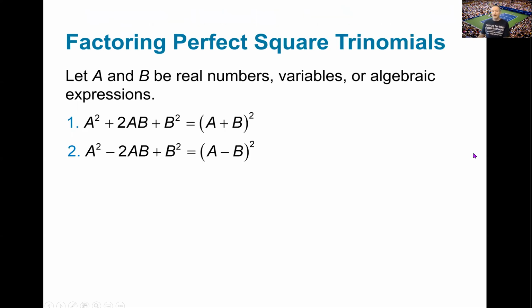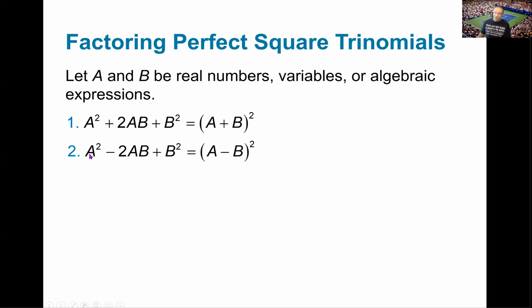Now, if we have perfect square trinomials, this is where your trinomial is in the format where the first term is a perfect square and the last term is a perfect square. If the middle term is twice the square root of the first term times the square root of the last term, then you have a perfect square trinomial in the format of a plus b quantity squared.